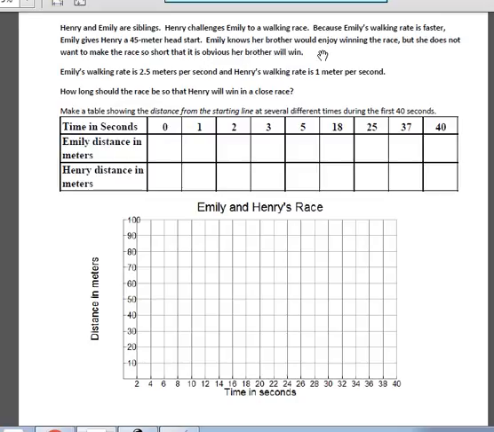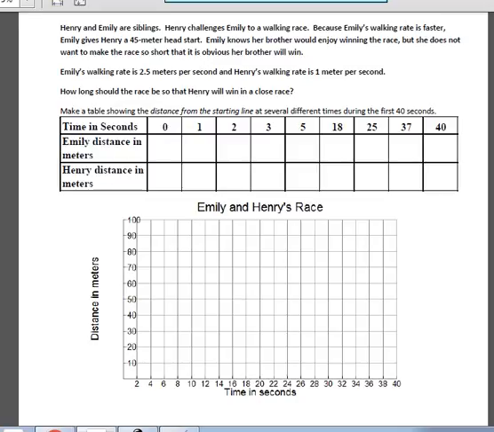Emily knows her brother would enjoy winning the race, but she does not want to make the race so short that it is obvious her brother will win. So in other words, she wants to make it a close race. Emily's walking rate is 2.5 meters per second. Henry's walking rate is 1 meter per second. How long should the race be so that Henry will win a close race?